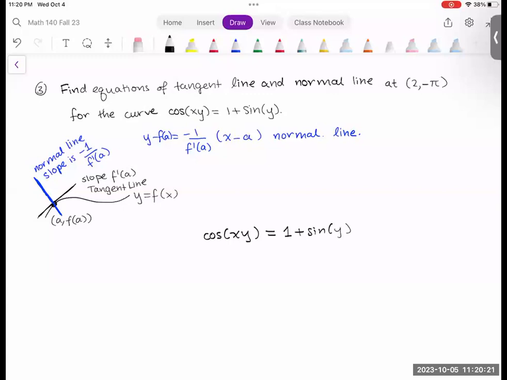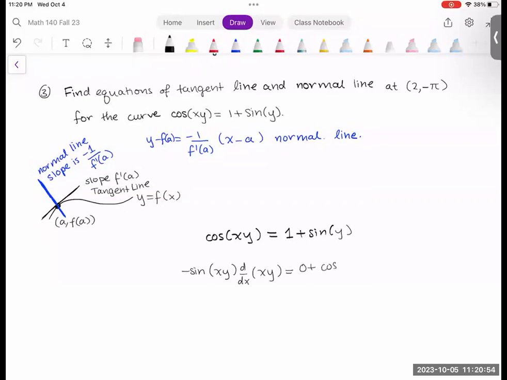The derivative of cosine is negative sine, evaluated at our argument xy, and now we multiply by the derivative of x times y. On the right-hand side, the derivative of 1, a constant, is 0. Then we differentiate sine of y using the chain rule to give cosine of y times dy dx.